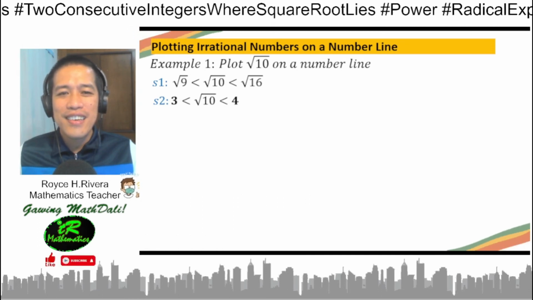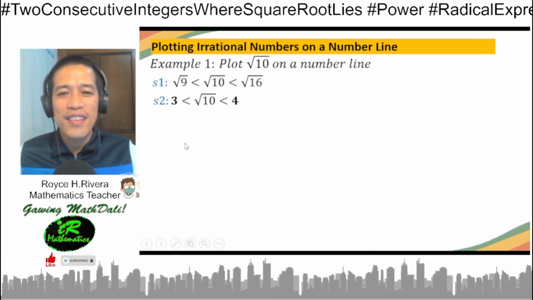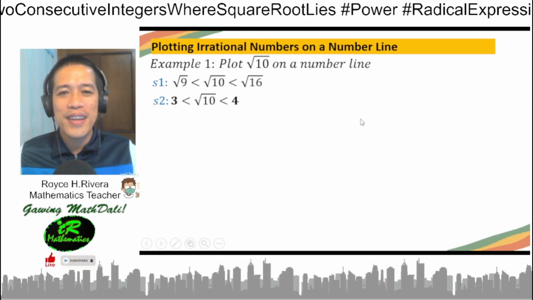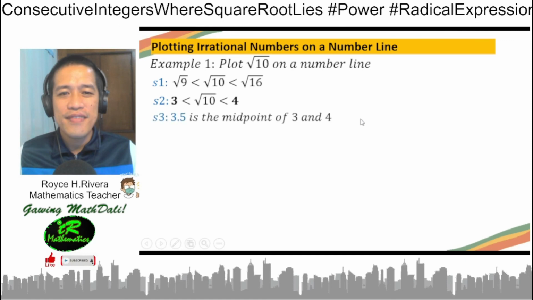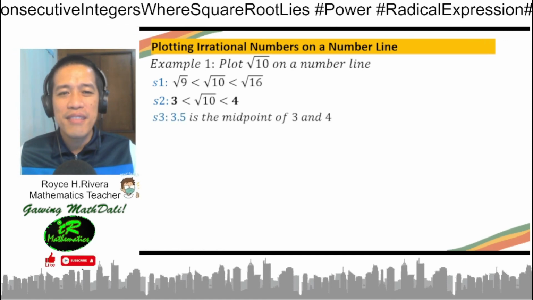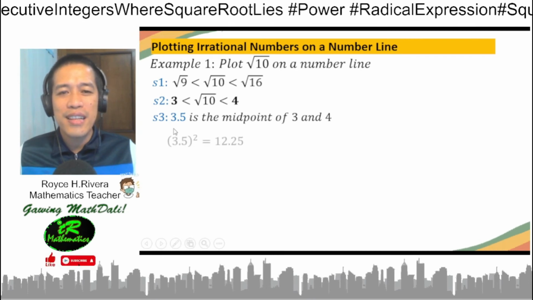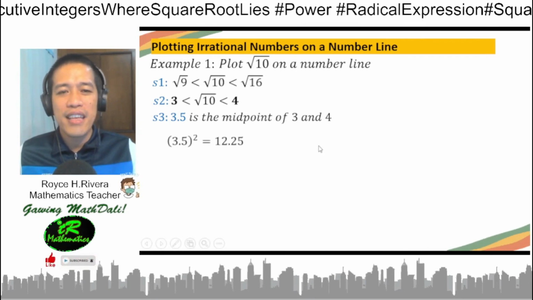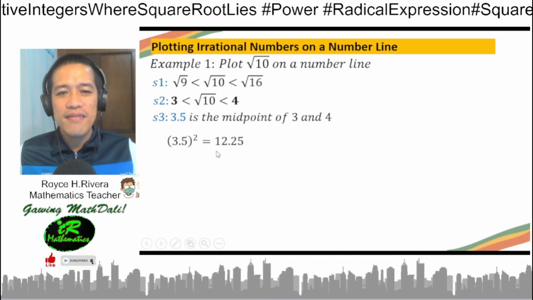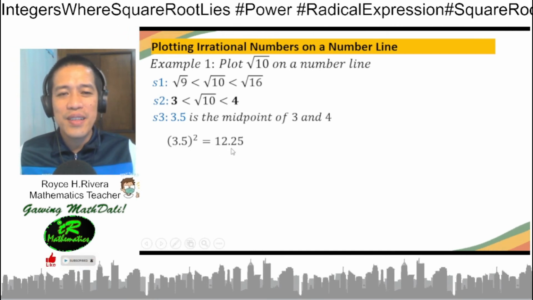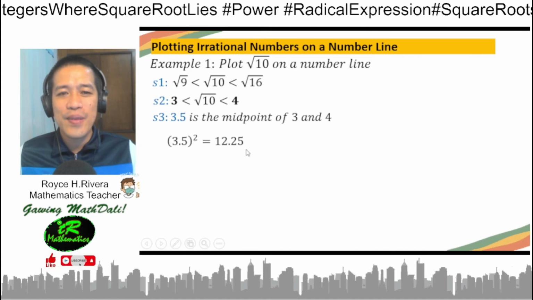Pangatlo, we get the midpoint of 3 and 4, then we square the midpoint. The midpoint of 3 and 4 is 3.5. Squaring 3.5, we will obtain 3.5 quantity squared is equal to 12.25.